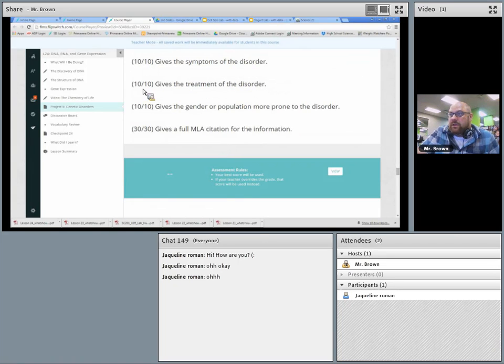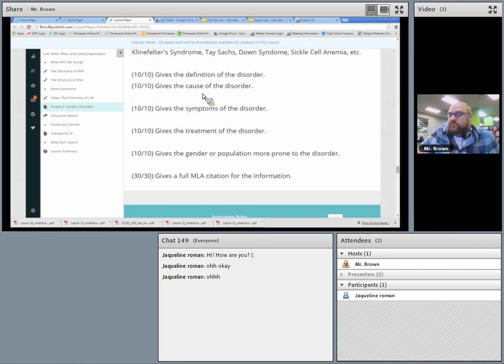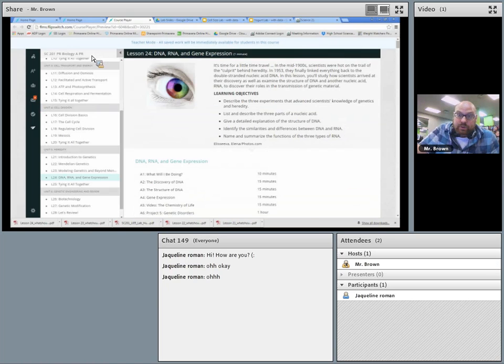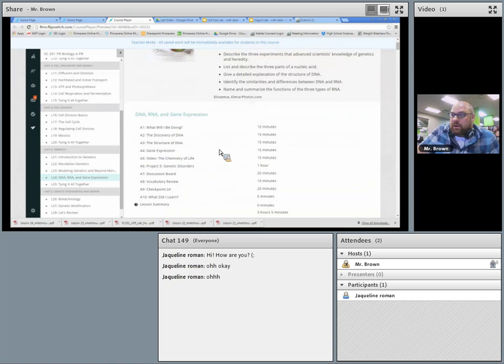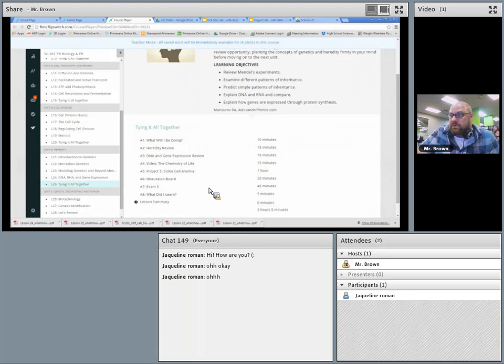But for something like Down syndrome, there's no treatment. Which is the case in most genetic disorders. There's nothing you can do. You can manage the symptoms in some, but for most, there's nothing you can do.